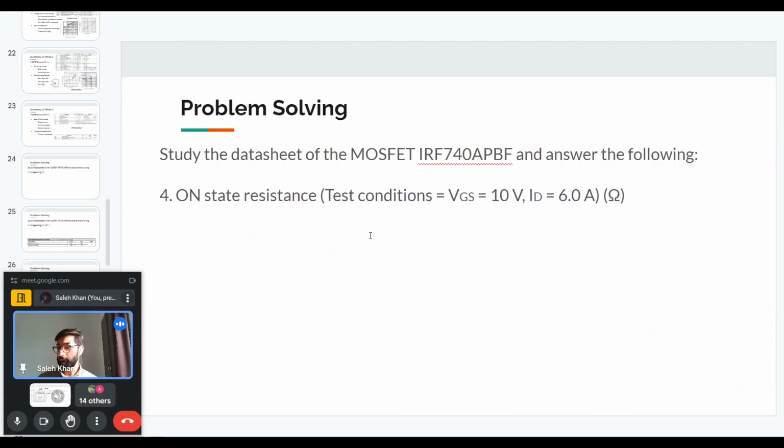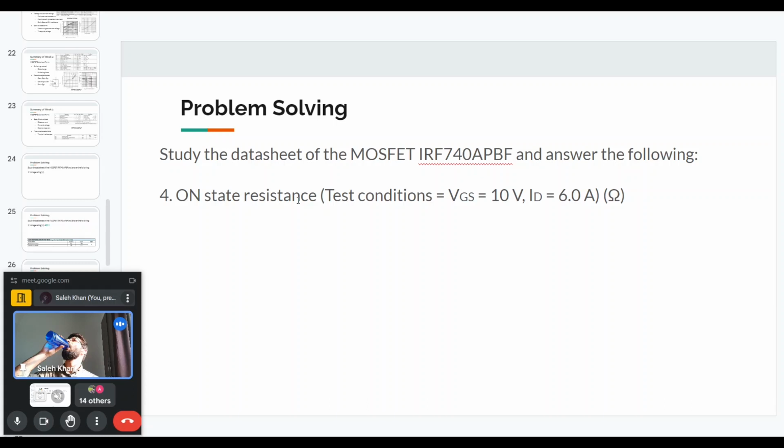Next, we are asked about the on-state resistance. The question also gives us the test conditions. We are given the VGS as well as the ID, which is the drain current. In the data sheet, under the static parameters, we are given the drain source on-state resistance under these same conditions, and its value is 0.55 ohm.